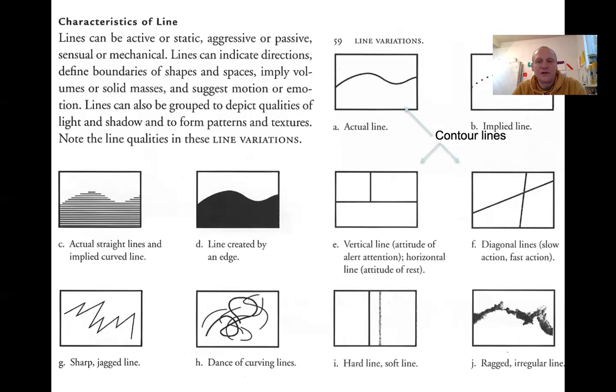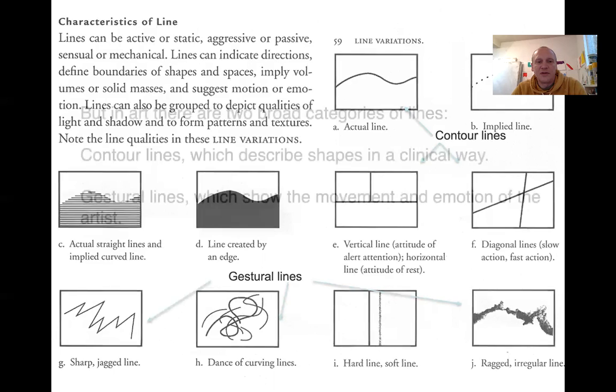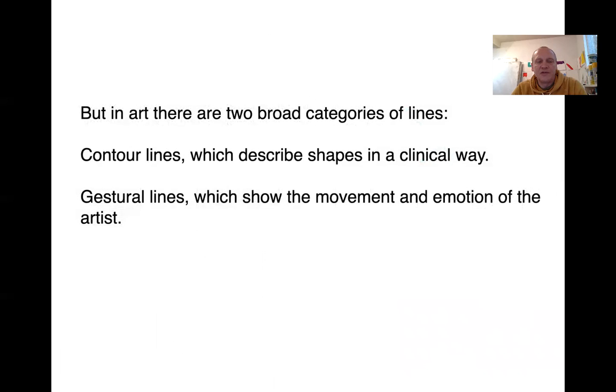Now these are called contour lines. You see how clean and clinical they are? Whereas something like this down on the bottom right would be something called a gestural line, and we'll look at that momentarily. Contour lines describe shapes in a clinical way. Gestural lines show the movement and emotion of the artist.